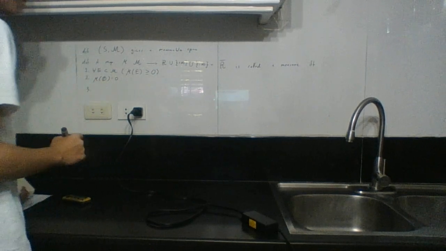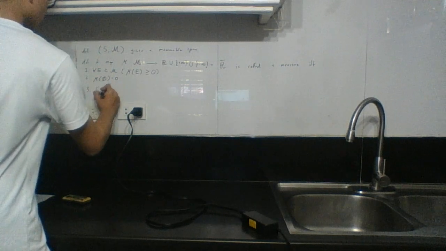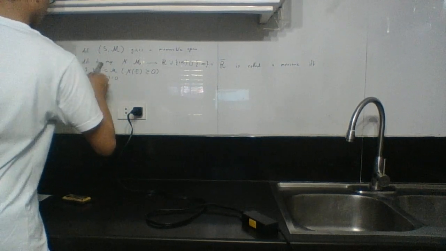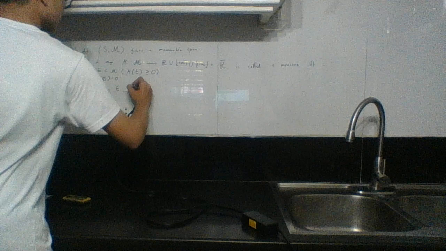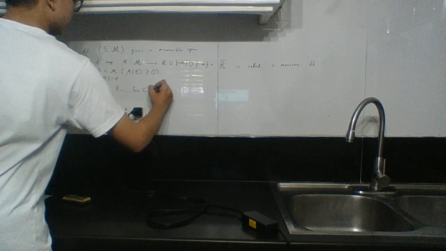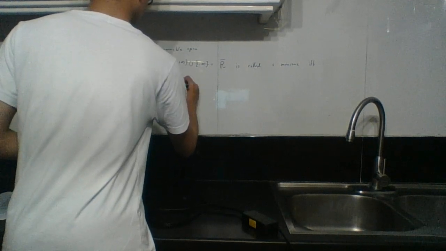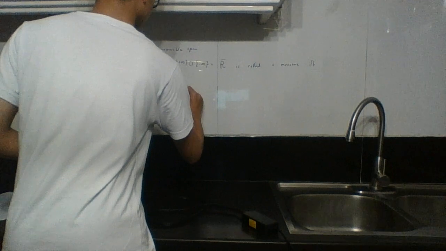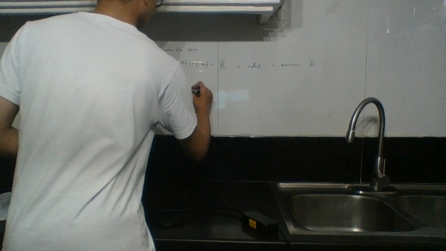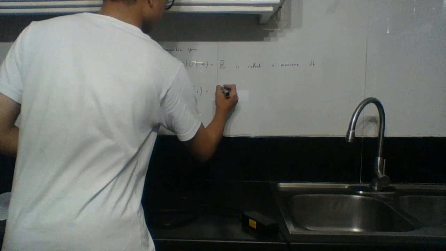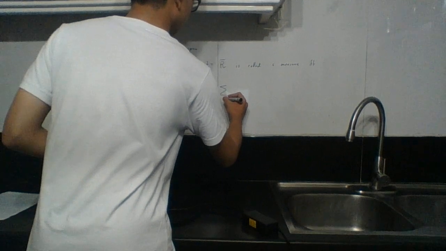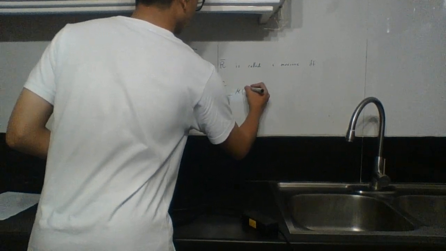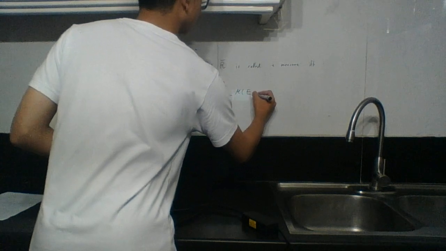So I take a bunch of elements E1 to En inside my sigma algebra, it must hold that the measure of their union of E sub i, i from 1 to n, is the same as the sum from i equals 1 to n of the individual measures of E sub i.